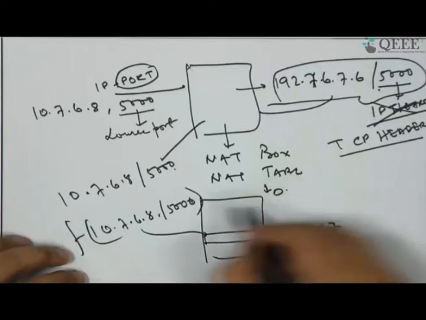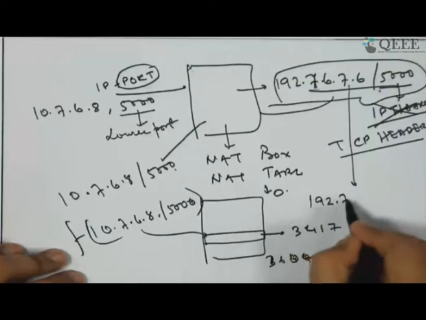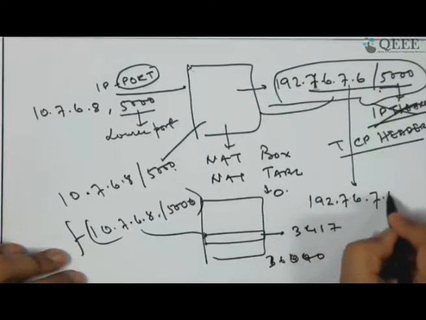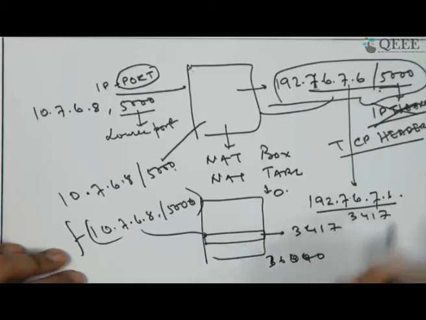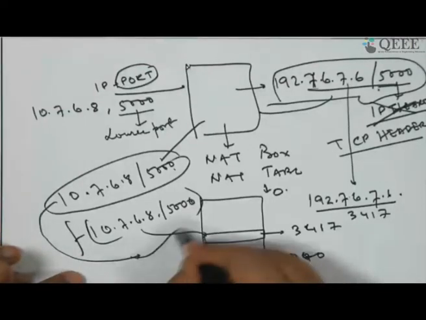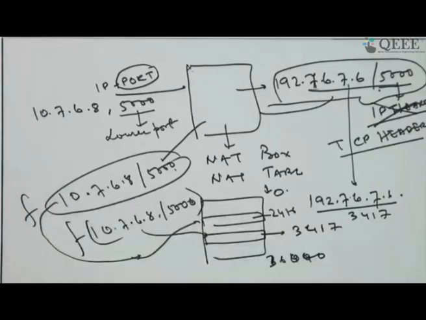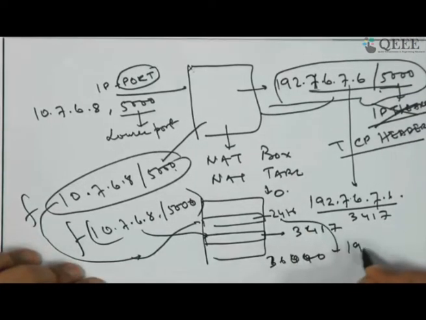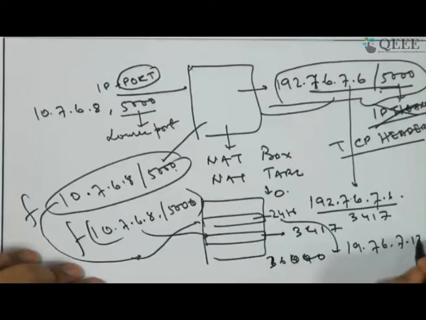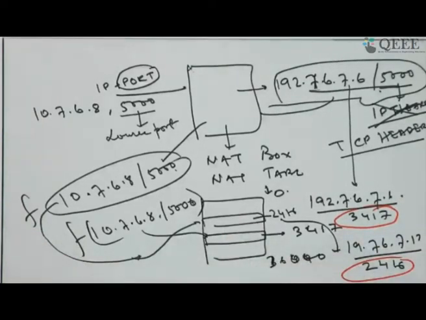So now instead of 5000, what will you put? 192.776.7.6 with port 3417. The next machine which also has 5000 will hash and get somewhere else, maybe 2416, and it will have 192.767.1 with port 2416. So now they are differing inputs and everybody is getting a unique port.